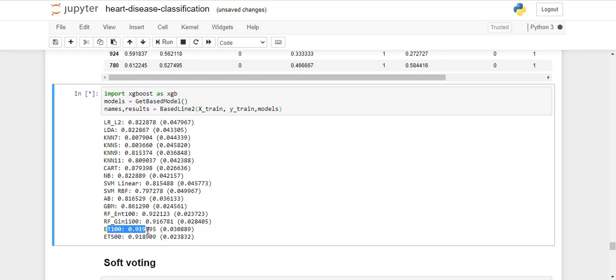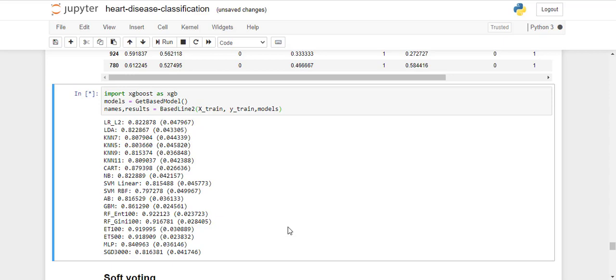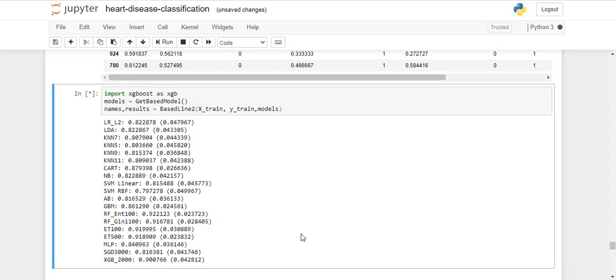Let's see what other algorithms will do. So multi-layer perceptron 84, not quite good. SGD also performed badly. XGB 2000 more than 90%.